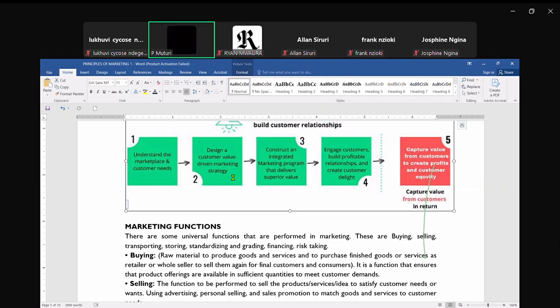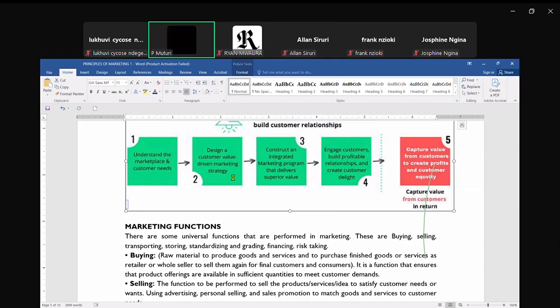And all that is geared towards step 5, which is capturing value from customers, getting something in return. This is what they pay for it, the value, the price or the revenue that they now give to the business because of those other steps before that.